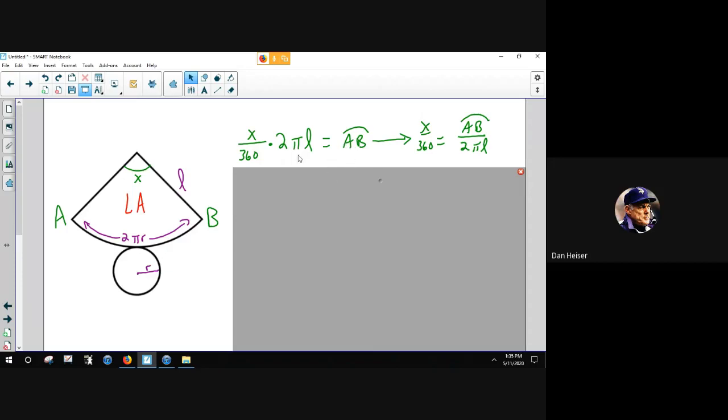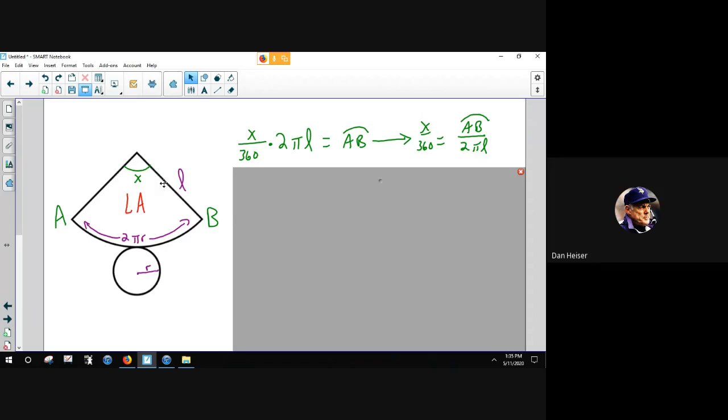So what I did is I rearranged things a little bit. I divided both sides by 2 pi L, which is the radius of that circle, and I get this equation here: x over 360 equals the arc length over the entire circumference. And that really is what arc length is. Arc length is a fraction of the entire circumference.